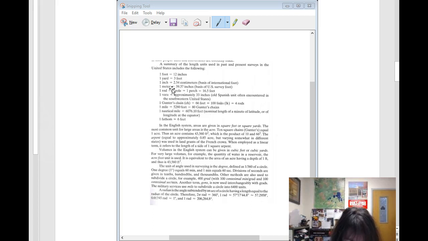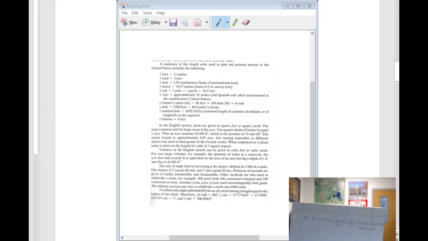And that would be in feet. However, I have to realize that I have 1, 2, 3, 4, 5, 7 significant figures. So I have to write my answer in 7 significant figures as well. And so my answer is rounded off to 13,548.44 feet. Okay, so this is part A of problem 2.4 worked out.